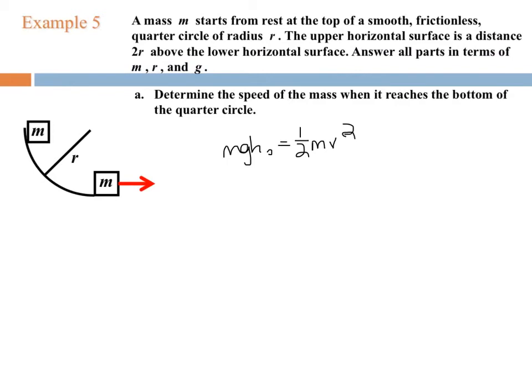Again, if we weren't given mass, it doesn't really matter because they cancel out in this case. And then our final equation will be the square root of 2gh naught is equal to v. But we can't leave h naught in our final equation, so we're going to replace that with our height in terms of r. In this case, it's just r.